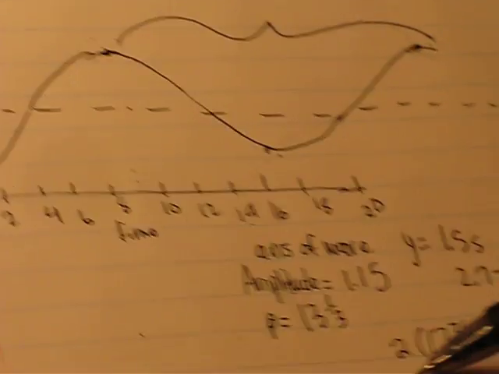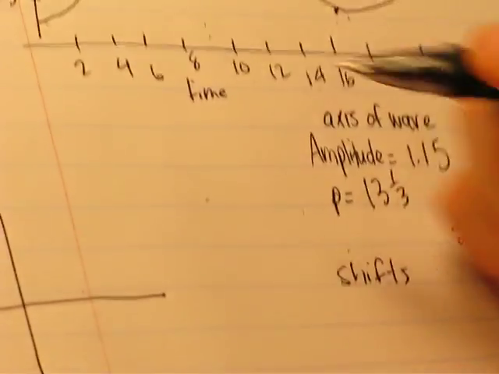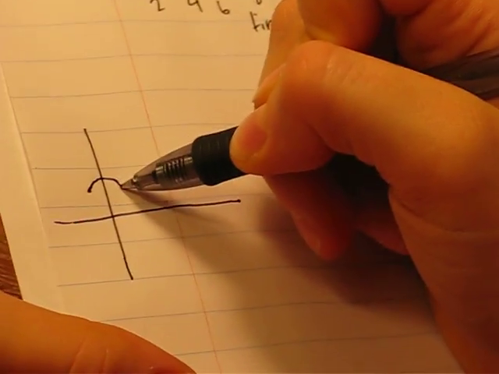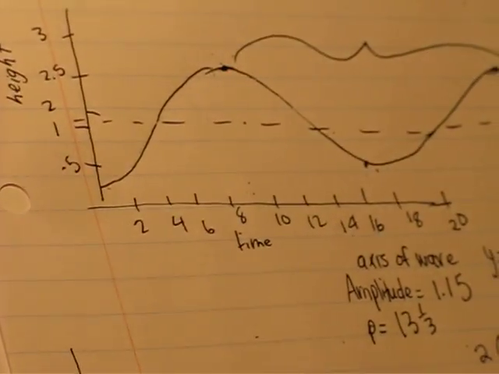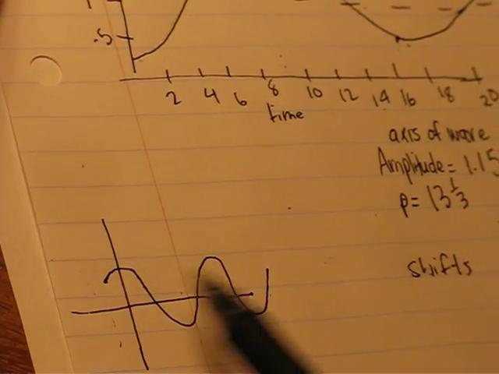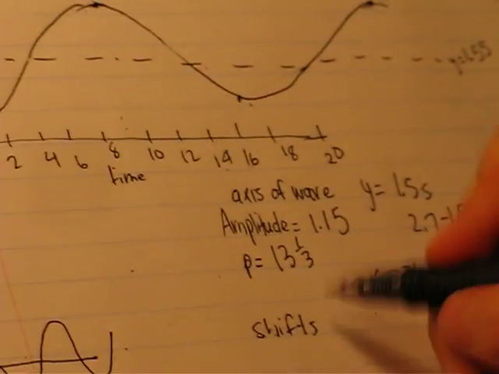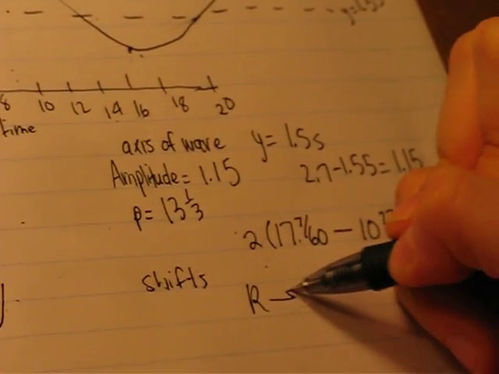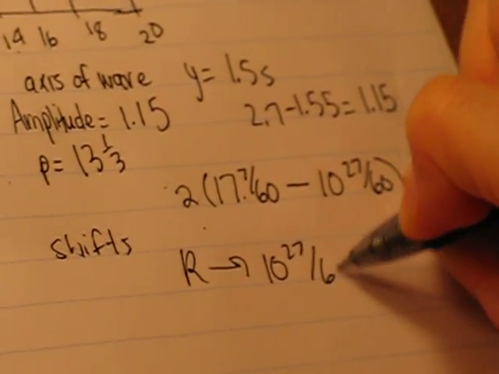Now that we have these points, we need to figure out the shifts of the graph. The original cosine graph goes like this. And this graph, you see that it's shifted. We know that it shifts up and to the right. It shifts to the right 10 and 27/60.